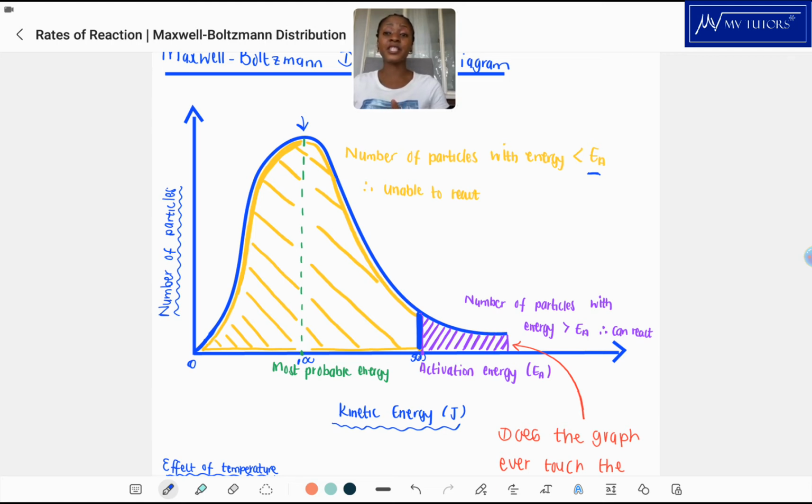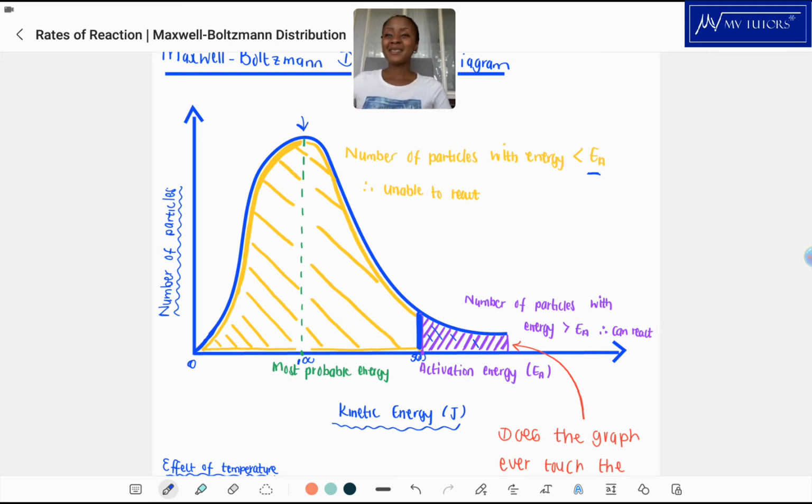The part that is shaded in purple gives you the number of particles with energy that is higher than the activation energy. Remember the minimum energy that is required for reactants to start reacting and forming products, that is the activation energy. Those particles have exceeded the activation energy, and they are busy reacting and having effective collisions.